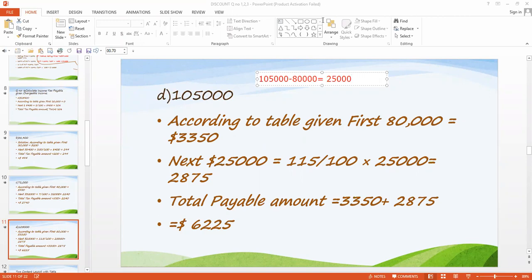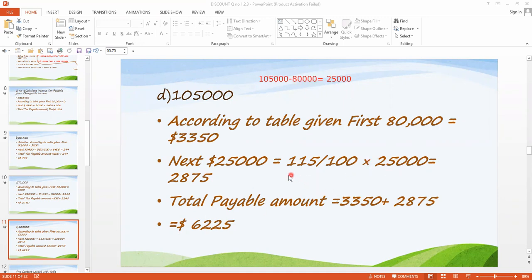Look here, they are saying for the first 80,000 you have to pay 3,350, and for the remaining 25,000. How does this remaining amount come? From the total, you subtract this 80,000, and you get this 25,000.